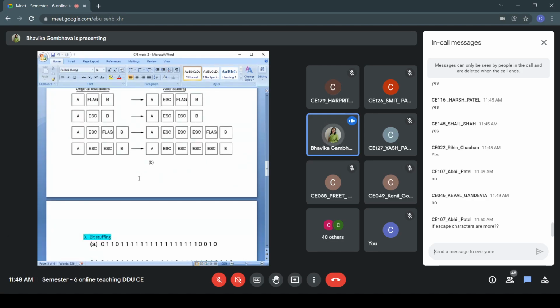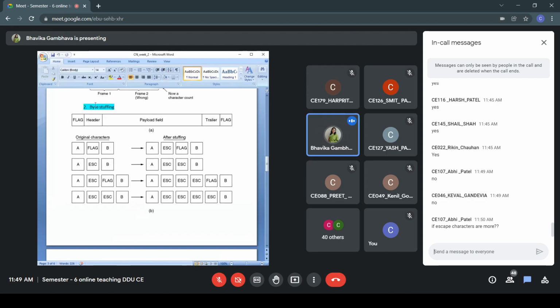So all of you, please listen to me about what we are doing in bit stuffing. Another limitation of byte stuffing is that we are working with a byte boundary, one byte like A, flag, B, etc. If someone is using some different coding mechanism in which A is represented by 7 bits, B is represented by 7 bits, and so on, then these byte boundaries will not function.